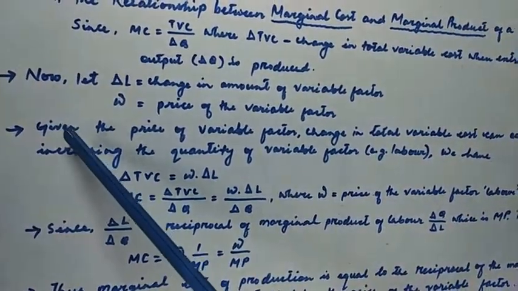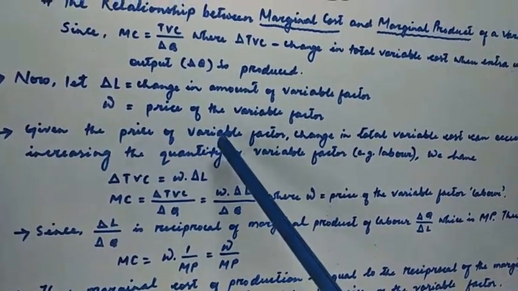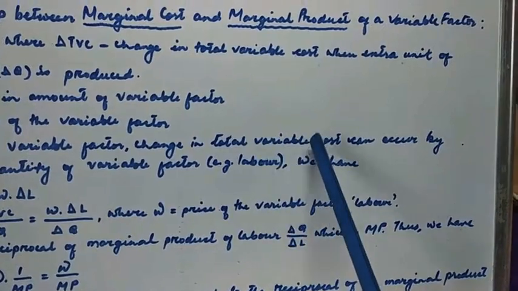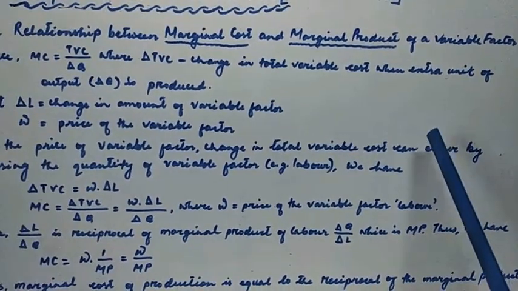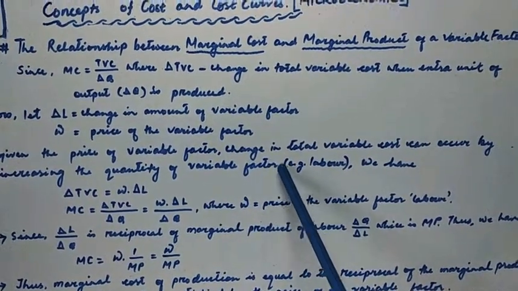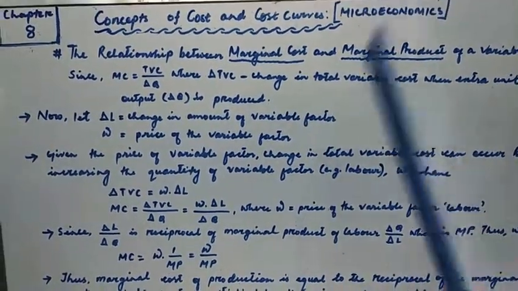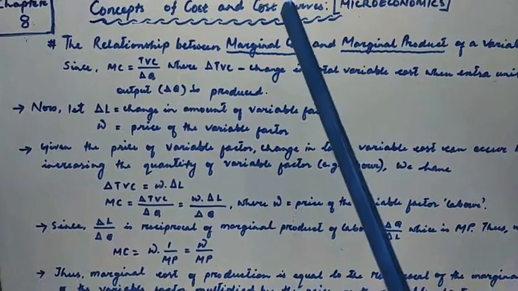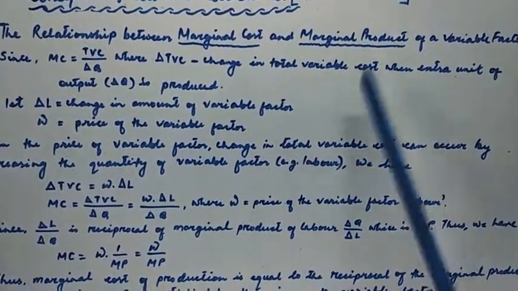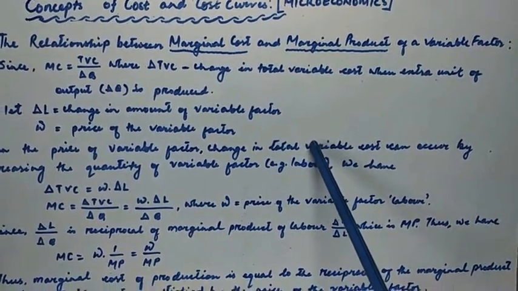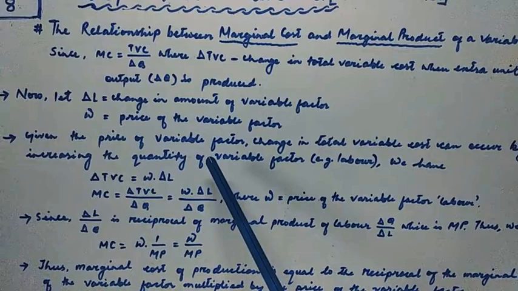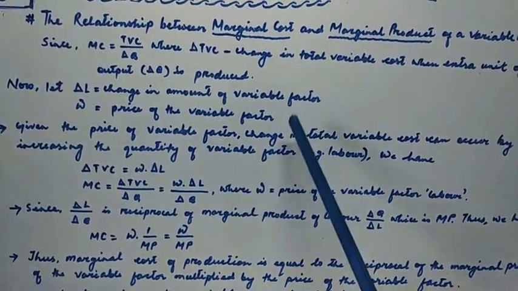Given the price of the variable factor, the change in total variable cost occurs only because of an increase in the quantity of the variable factor, that is labor.